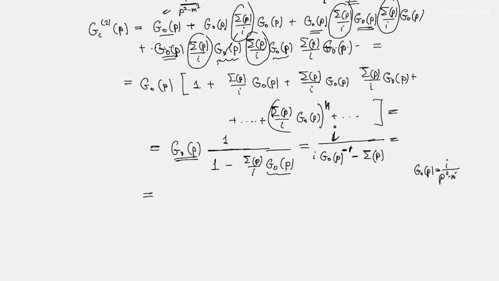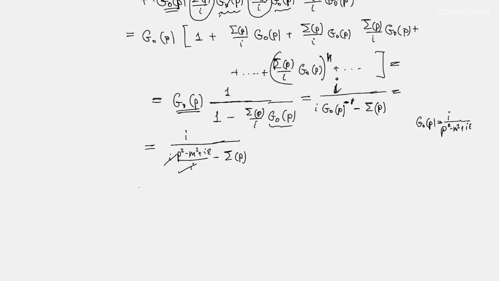And if I invert it, I will get (p squared minus m squared plus i epsilon) divided by i. So I cancelled, minus sigma of P. So this shows me that the full propagator, which is the sum of all connected Feynman diagrams, is given by the following expression: i divided by p squared minus m squared minus sigma of P plus i epsilon.